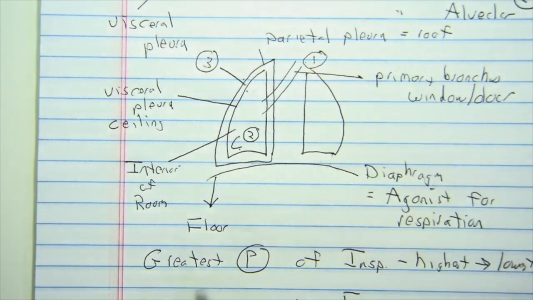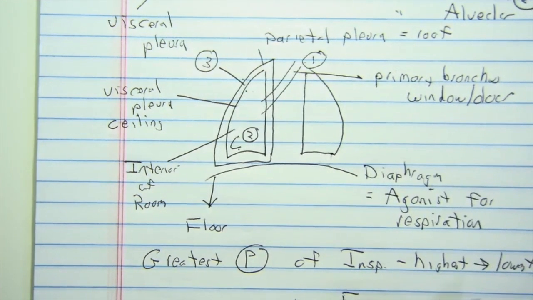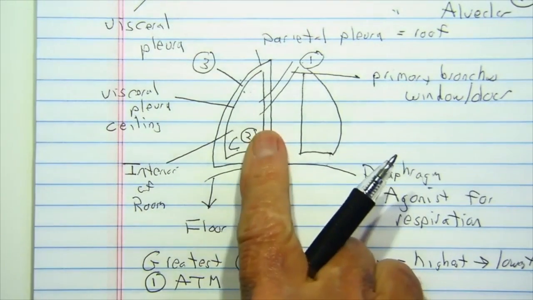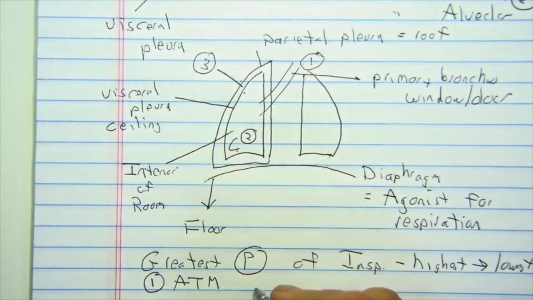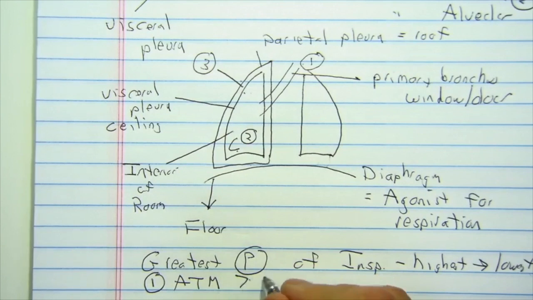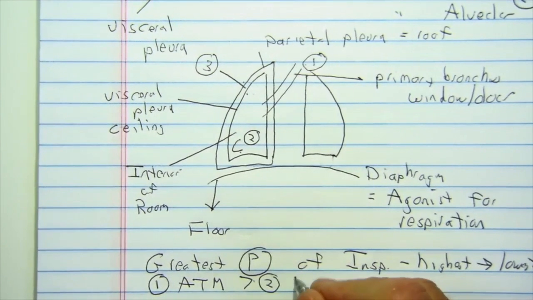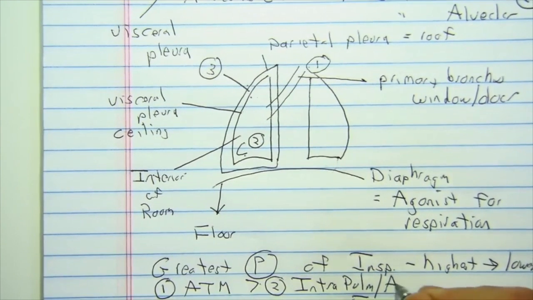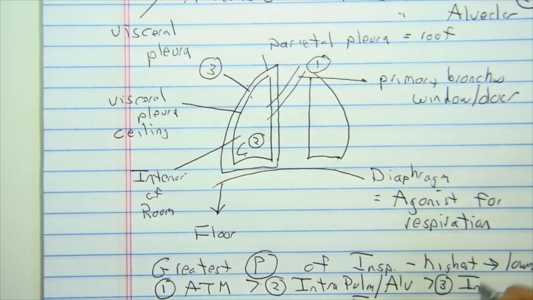So therefore, the greatest pressure of inspiration means that pressure number 1, which is ATM, atmospheric air pressure, is going to have to be greater than pressure number 2, which is intrapulmonary or intraalveolar. And that is going to have to be greater than pressure number 3, which is intrapleural.